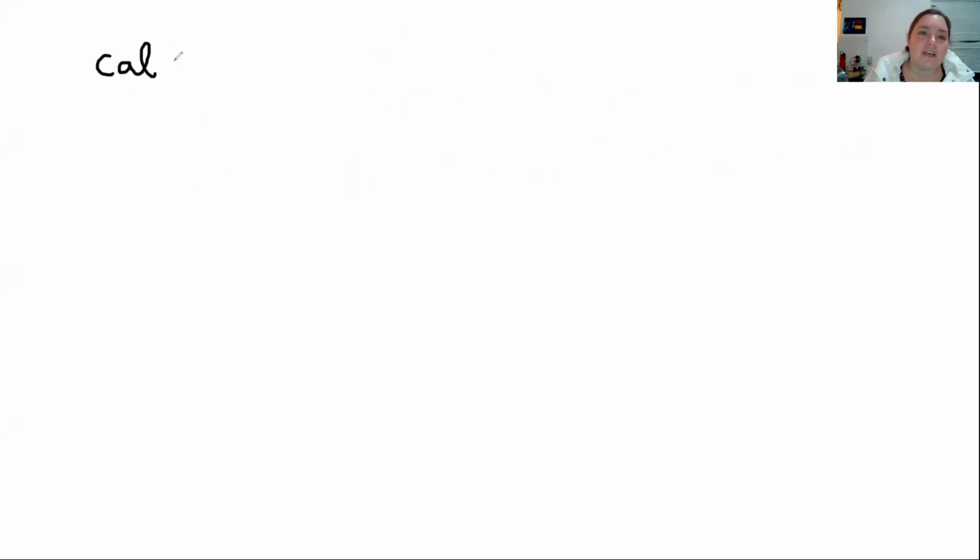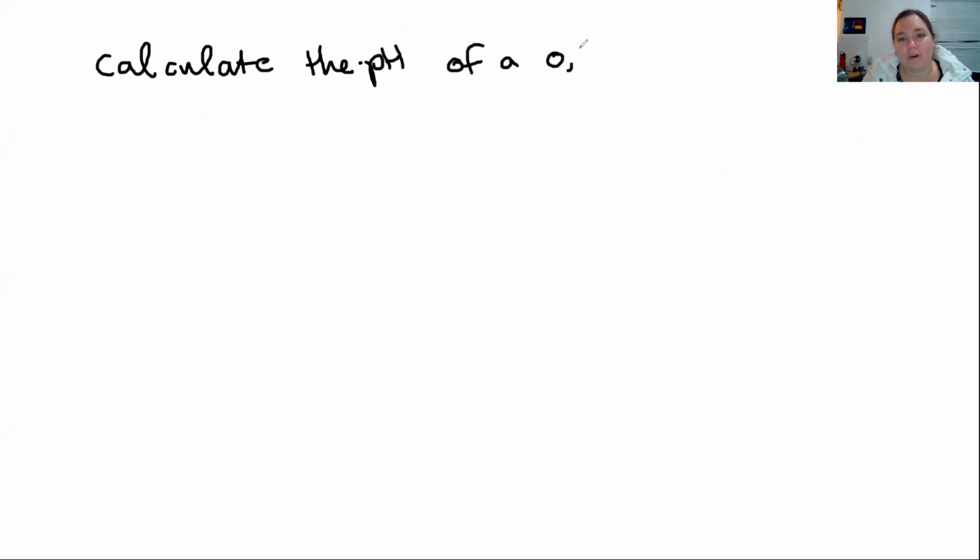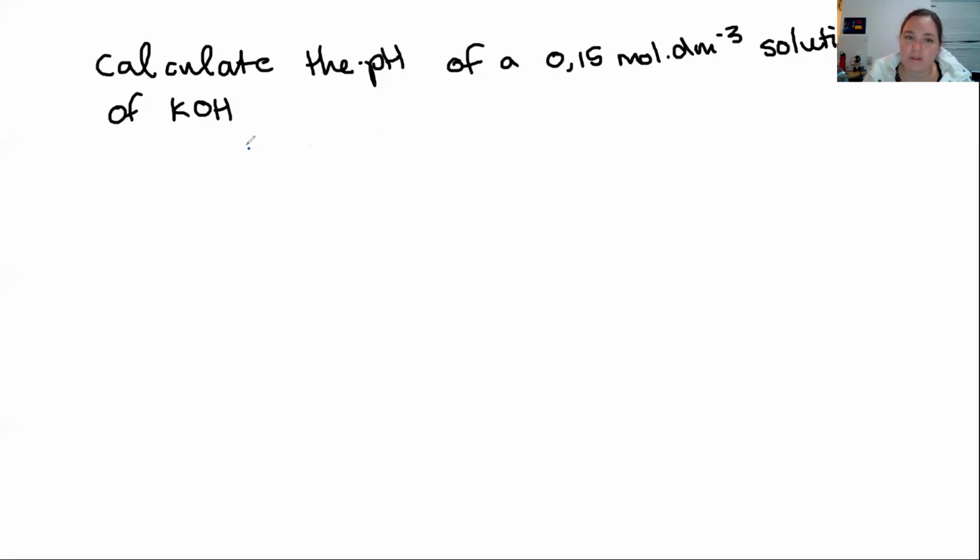So your question here could be to calculate the pH of a 0.15 mole per decimeter cubed solution of KOH, potassium hydroxide. Now, once again, you're not going to get any marks for this, but if you don't do the first step and you get it wrong, you're going to have a problem.